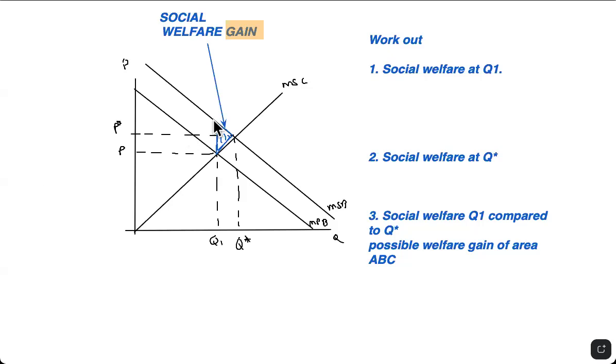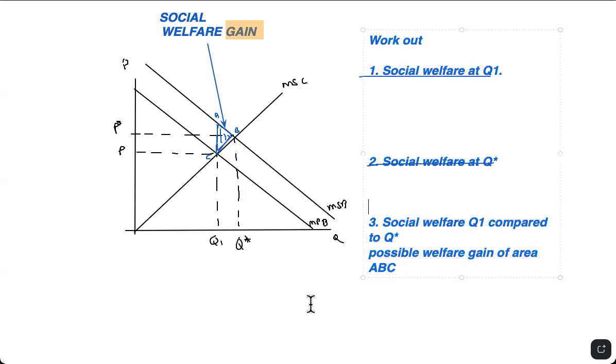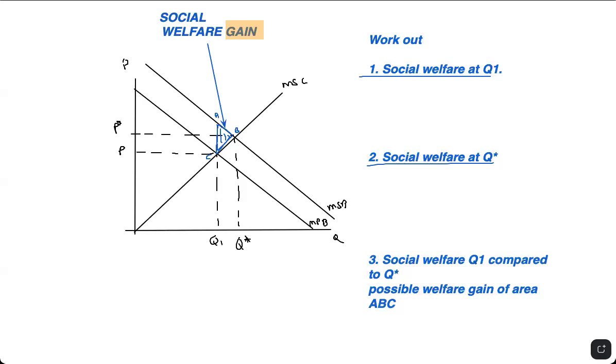So that's the logic that I'm going to go about in this video today. I am just going to work out the social welfare at Q1 and the social welfare at Q star. I will tell you a faster way of doing it later, which some people find better. This isn't generally an easy topic, but hopefully that big picture logic is clear to you.